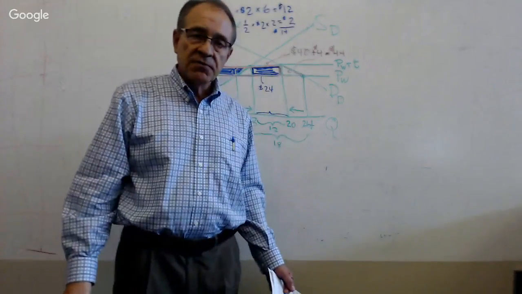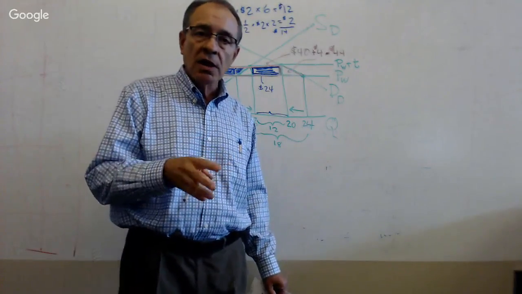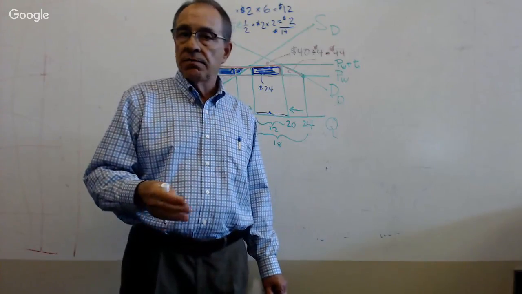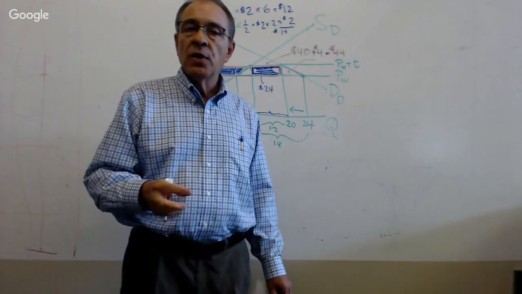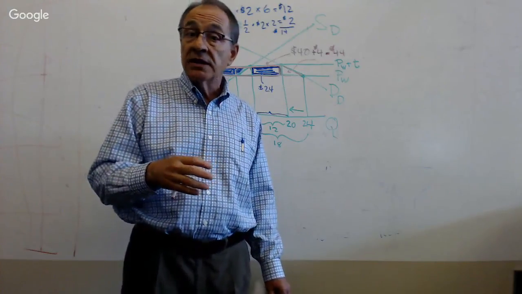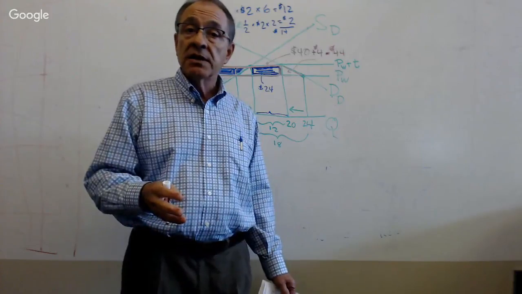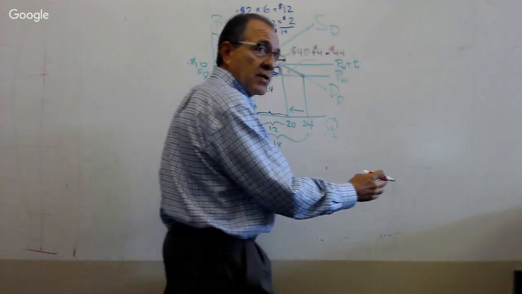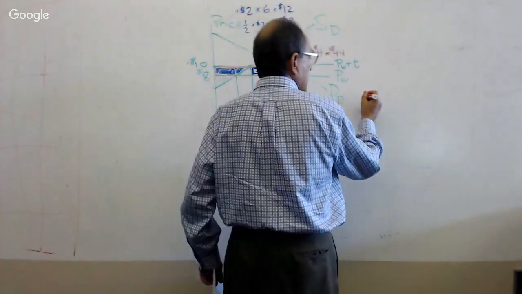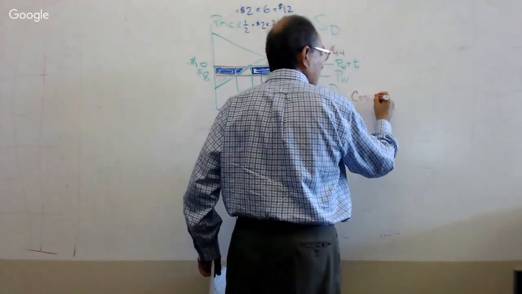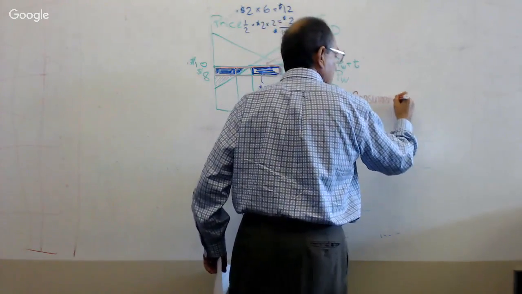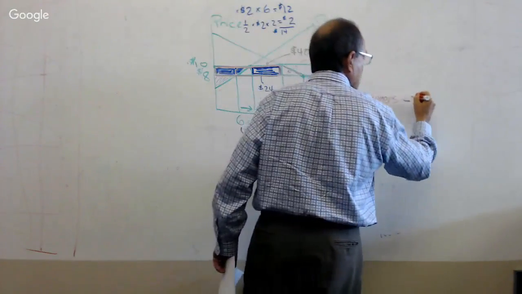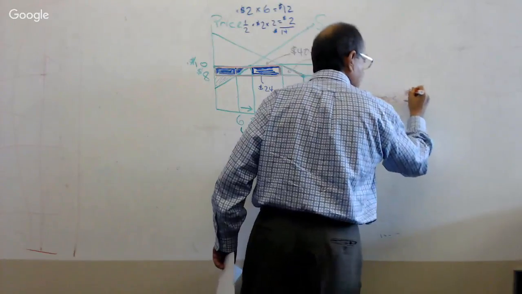So with this information, now that we know how all the different groups within society have been impacted by the imposition of a $2 tariff, we can actually calculate what happens to the nation as a whole. To do that, I'm going to move over here to the right, and I'm going to write: consumers lose a minus $44 of consumer surplus.